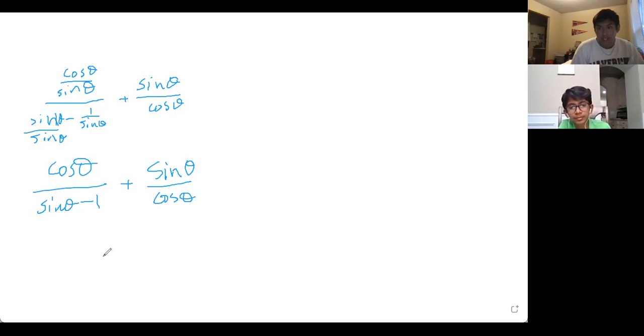You're looking at the right side. Yeah, look at the denominator. What did it seem like they're doing? They're doing the common denominator. So you multiply this one by cosine over cosine. You multiply this one by sine theta minus one. Do you see that? Yeah. Okay, let me know what you get when you do that.